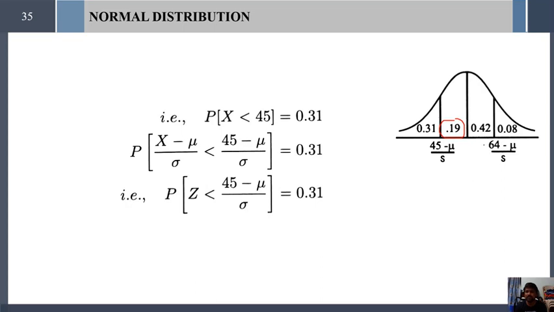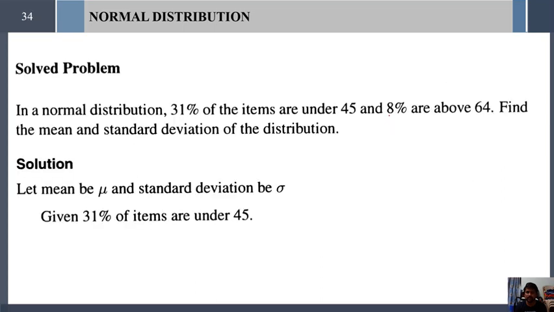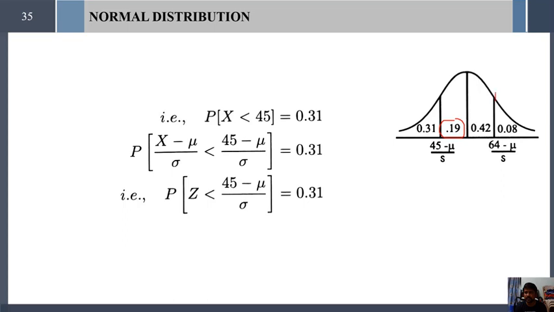And 8% of the area is over 64. 8% is nothing but 0.08. This is over 64. And this entire half area is 0.5.